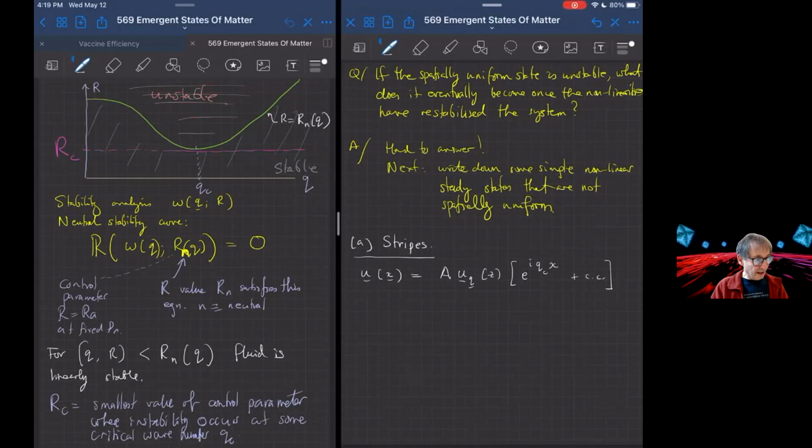So it's a modulation in the X direction with a wave number QC, so we're close to the critical point, and in the z direction, it varies according to whatever this function uq is. So that would be an example of stripes in the system. So if you look down on this from above, you would see these roll patterns in the x direction.